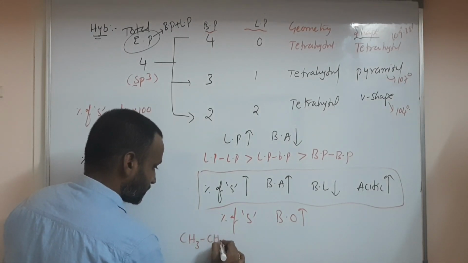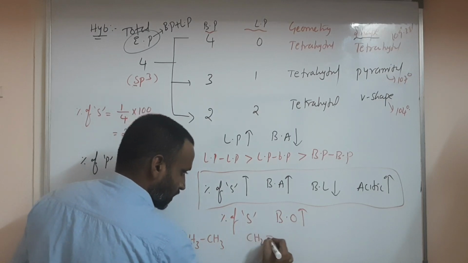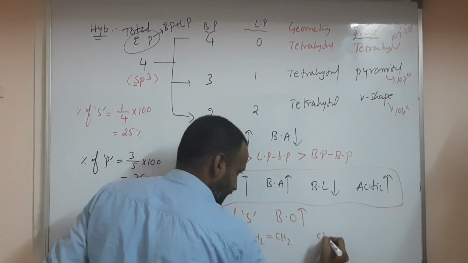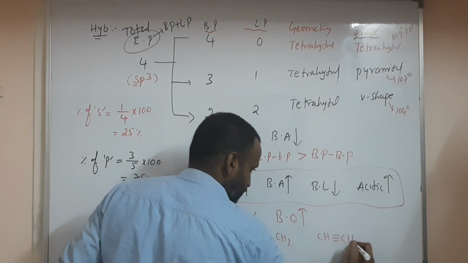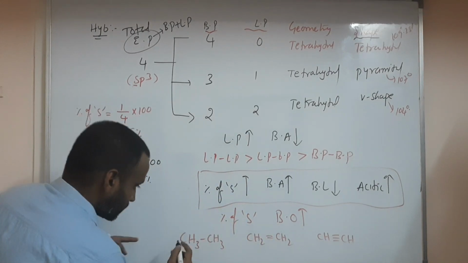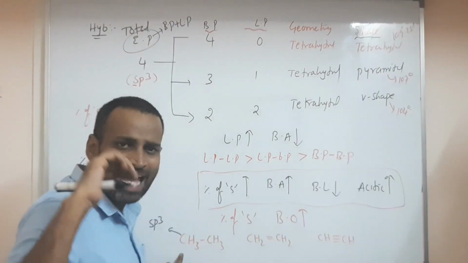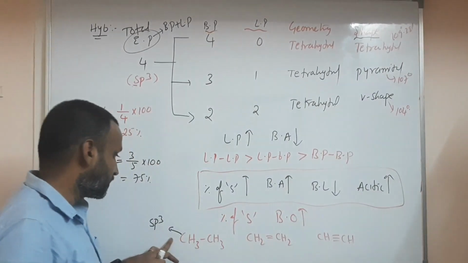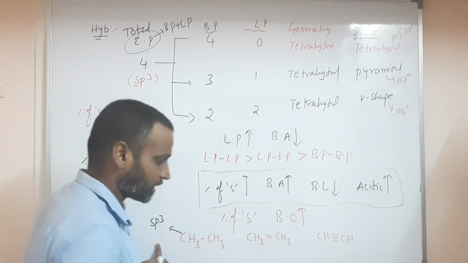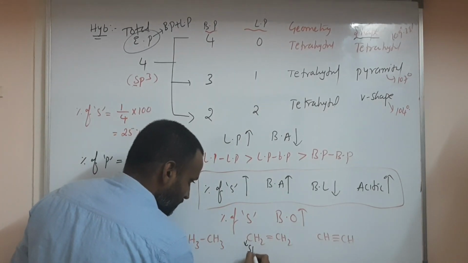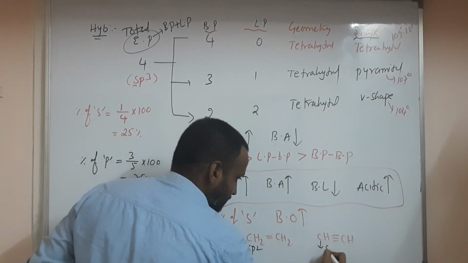CH3 single bond CH3, CH2 double bond CH2, CH triple bond CH. Everybody knows that when carbon has all 4 sigma bonds, carbon hybridization is sp3. So here carbon is sp2, here carbon is sp.